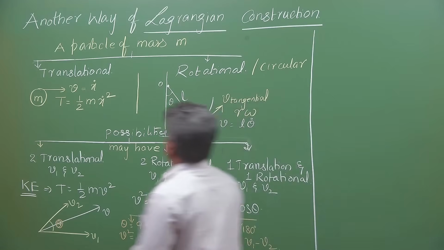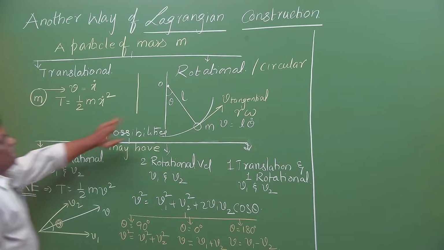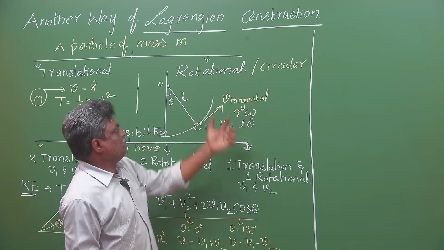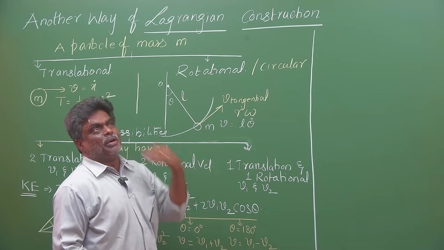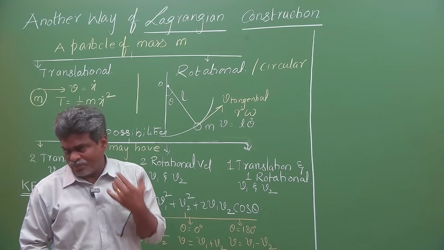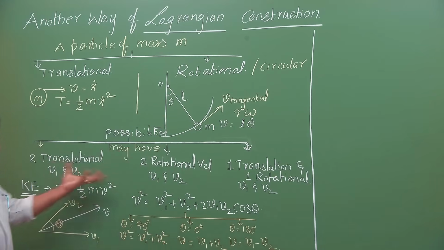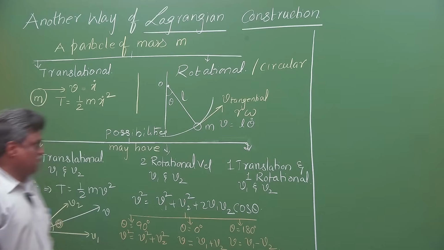Very simple. There are only 2 velocities. One is the translational velocity that everybody knows, another is the circular one. What is the rotational velocity? V equals r omega, always. Please don't forget. These are the possibilities we have: maybe 2 translational, 2 rotational, or 1 translational and 1 rotational.